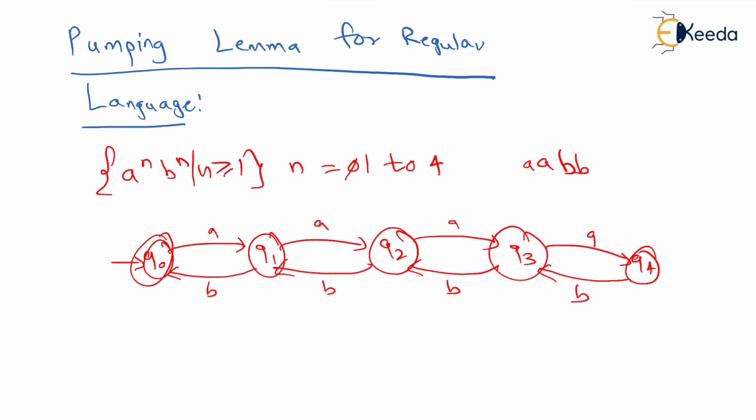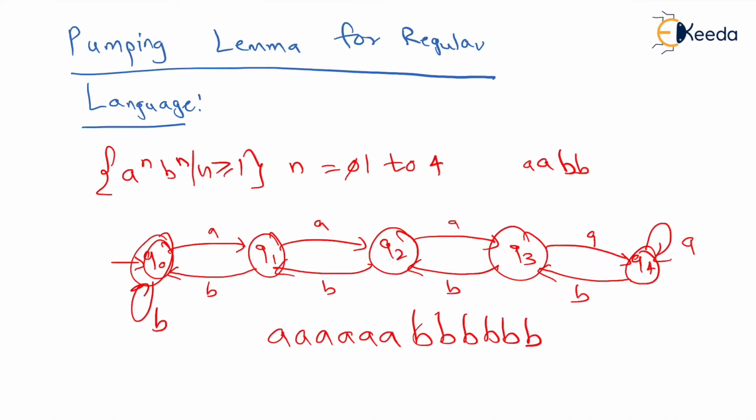If this is the language, everyone might come up with the solution that let us keep on pushing the remaining a's over here and the remaining b's over here, and this is going to satisfy. You can check. Let us assume we have 6 a's, so we will have 6 b's.